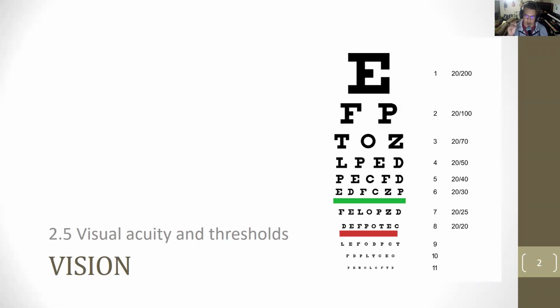And there are thresholds we want to think about for how large something needs to be to be seen by somebody with various degrees of acuity. Seen at all and seen with enough detail to recognize what it is are two different thresholds.